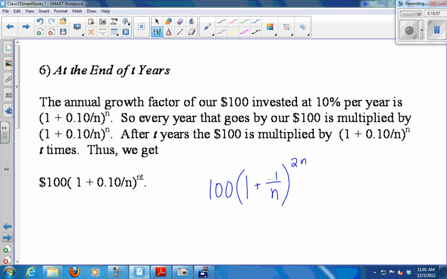So instead of a 2, I'm going to put a t there. So that's what you do if you want to do it for t years as opposed to 1 year. If it was 1 year, you'd replace that t with a 1 and you'd get our formula for 1 year.